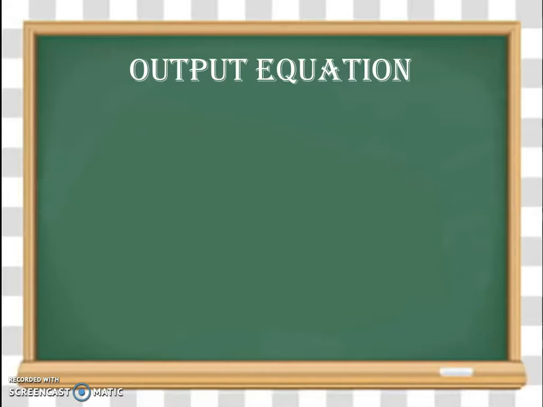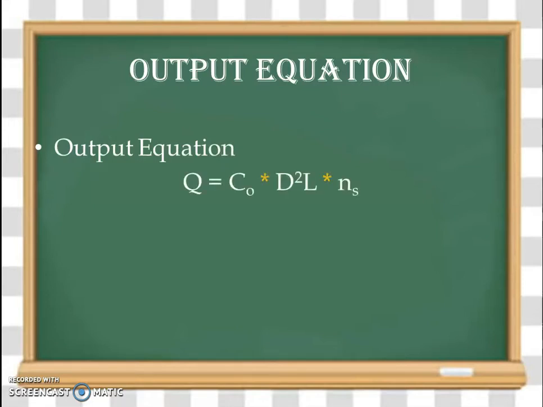In the previous lecture we derived the output equation for the synchronous alternator: Q, the kVA rating of the synchronous alternator, is equal to CO, the output coefficient, multiplied by D square L, which is the volume of the synchronous alternator, where D and L are the main dimensions, multiplied by the synchronous speed NS in revolutions per second.